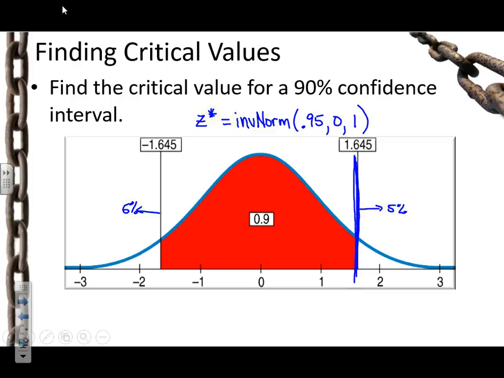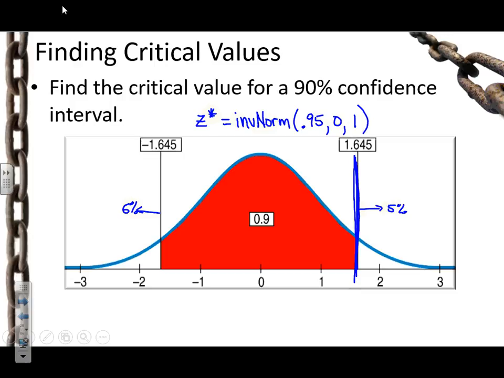So if this is the cutoff I need to find, my calculator doesn't distinguish the middle 90. It can only distinguish area to the left, whether it's part of what I want or not. It's going to tell me what that cutoff is from there. So we have to use that 90% plus whatever's in the tail, because that gets us to reach out as far as we need to. Does that make sense? Okay?